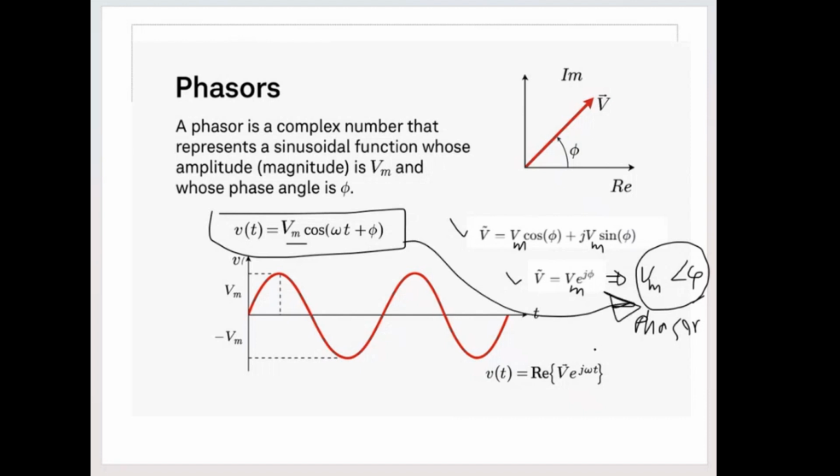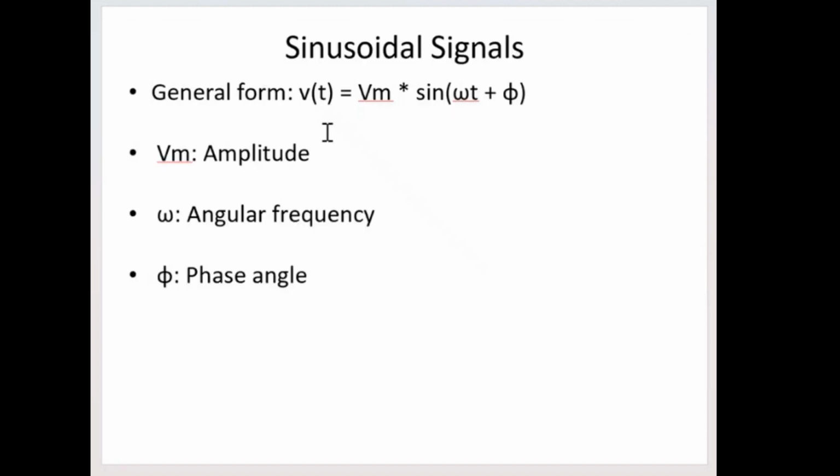Moving forward, I would like to talk about this phasor, and we will show how using this concept will simplify the analysis of AC circuits. Essentially, you will see that any derivative will simplify to a multiplication, and the integral will simplify just to a division.